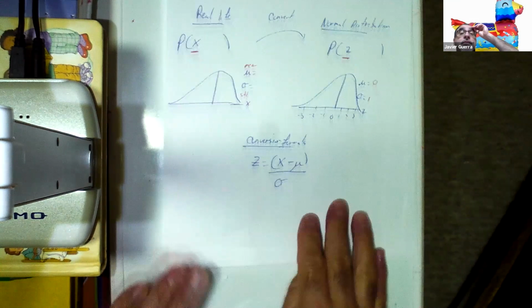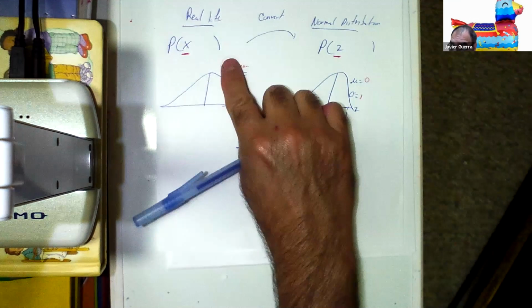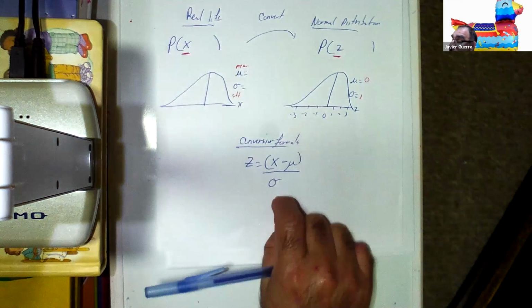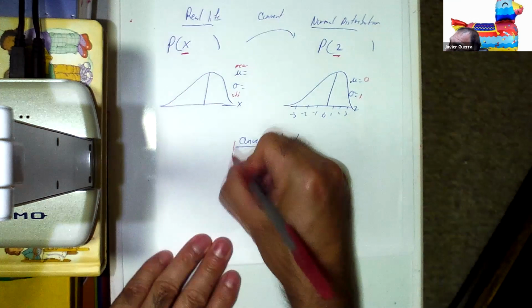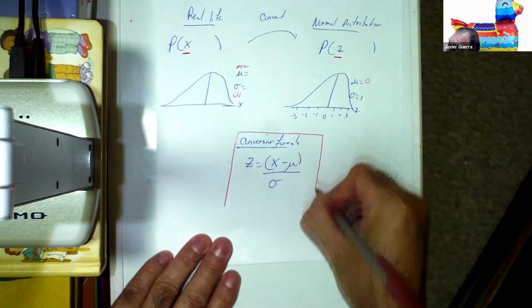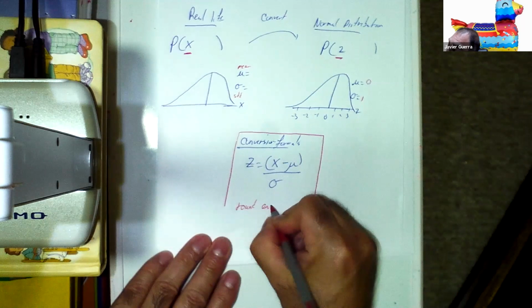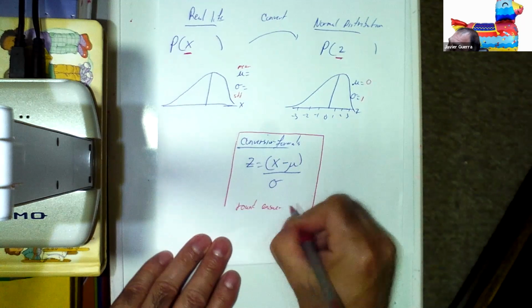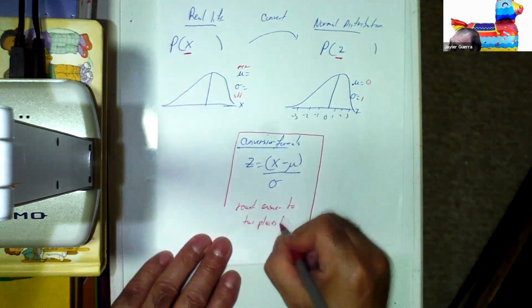We're going to convert from real life to normal, and this is the formula we're going to use. Once you calculate this formula, you're going to round your answer to 2 places behind the decimal.